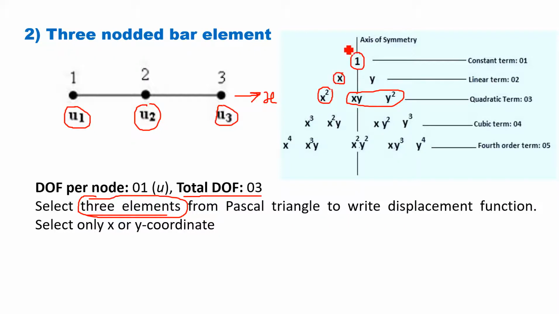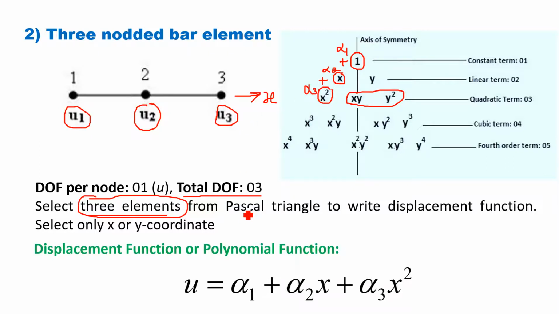Then we multiply by generalized coordinates, here alpha 1, here alpha 2, here alpha 3, and then we add all these 3 together to write down the displacement function for the 3 noded bar element. So u equal to alpha 1 into 1, that is alpha 1, then alpha 2 into x, it is alpha 2x, and alpha 3 into x square, it is alpha 3 x square.